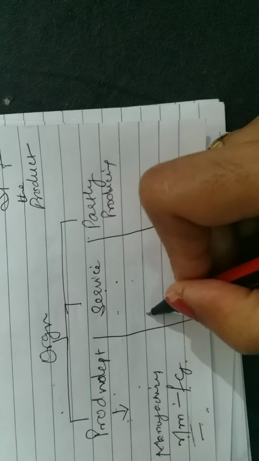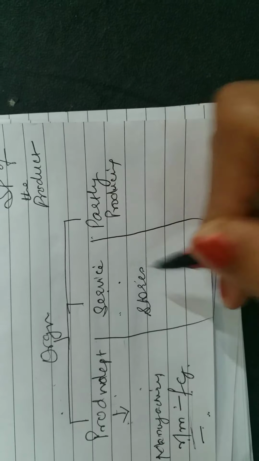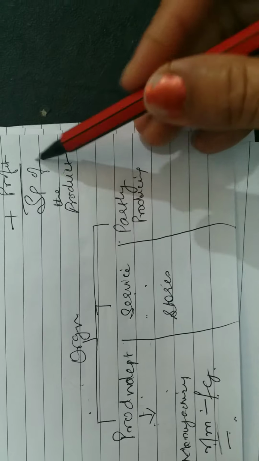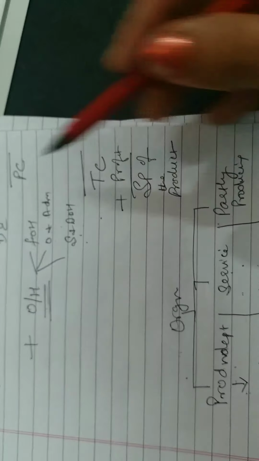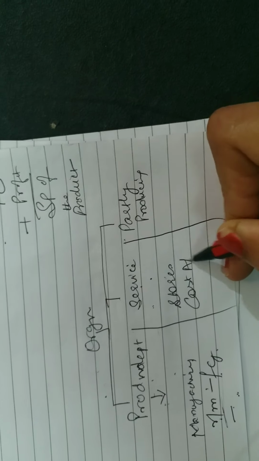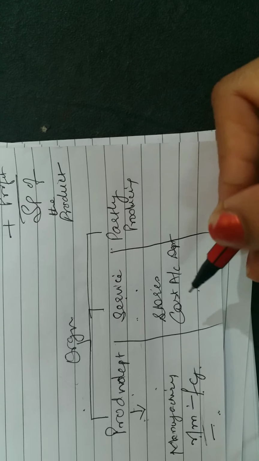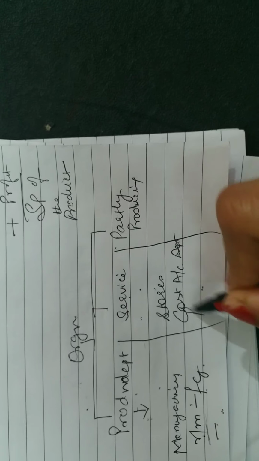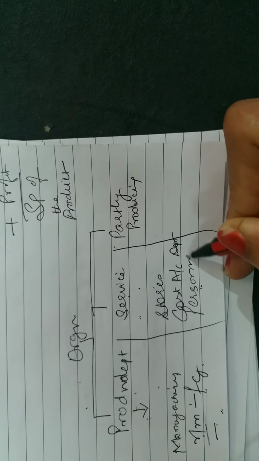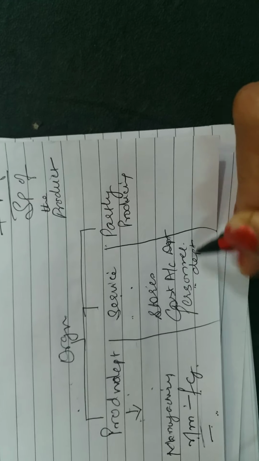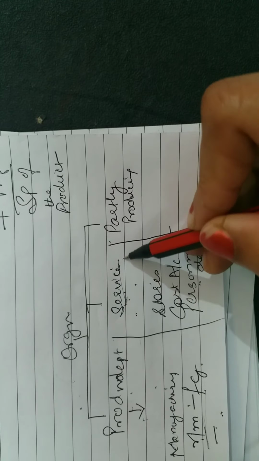It is stored in the stores. So the stores department, and then we need to find out the cost of the product and all these things. Who is doing all that? That is the cost accounting department. Similarly, other examples can be any dispensary or the personnel department of the organization. They are all covered under the service department category.